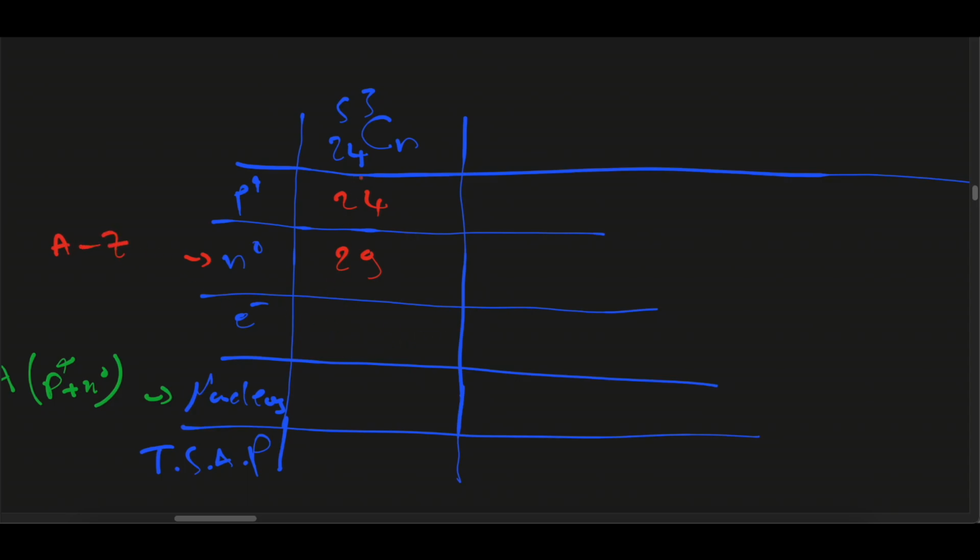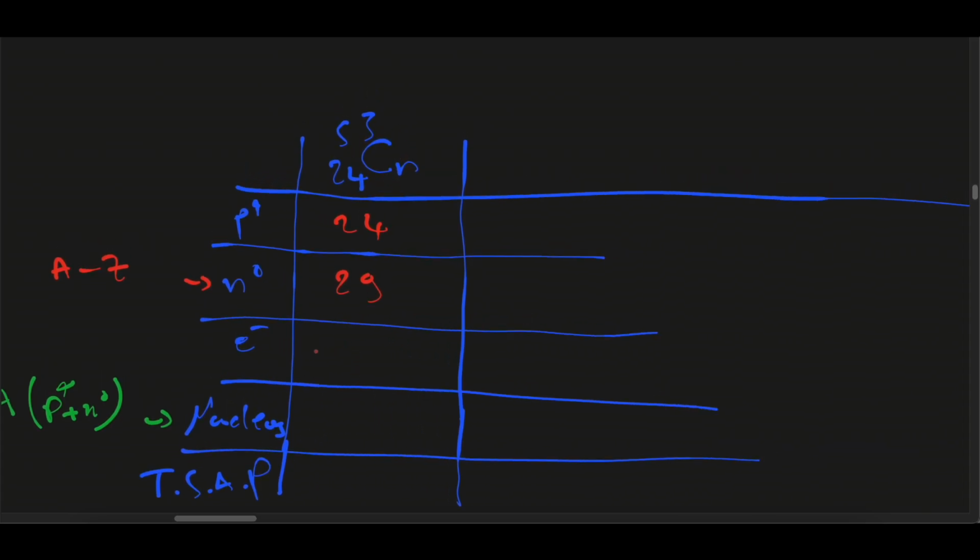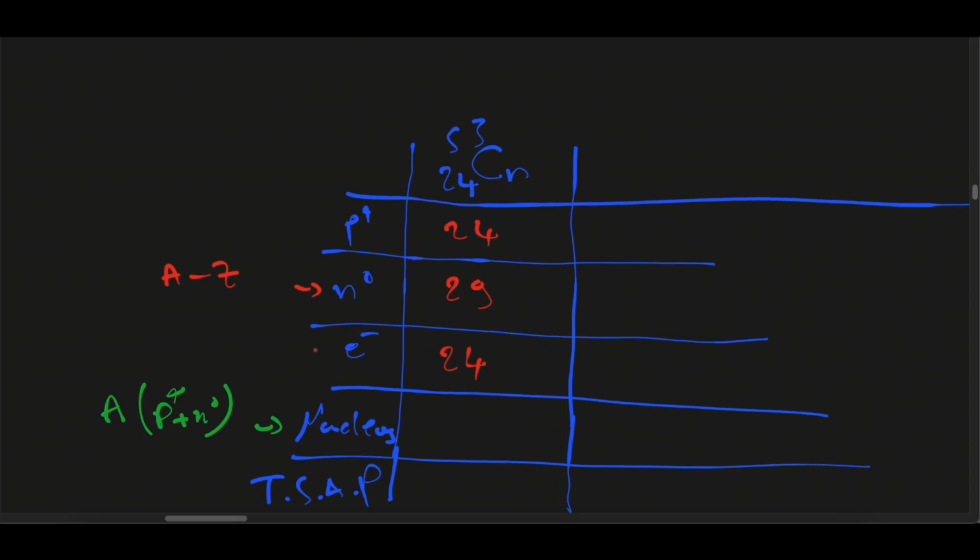The number of electrons: because here we have a neutral species, the number of protons is equal to the number of electrons, which is 24.